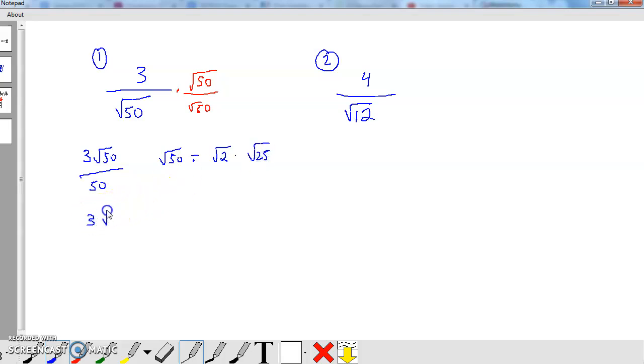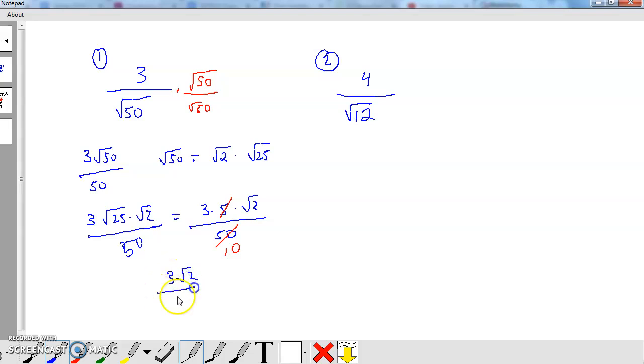So this is really 3 root 25 times root 2 all over 50, which is 3 times 5 times root 2 all over 50. And the 5 will cancel with that 50, leaving you with 10. So ultimately, this is 3 root 2 all over 10.